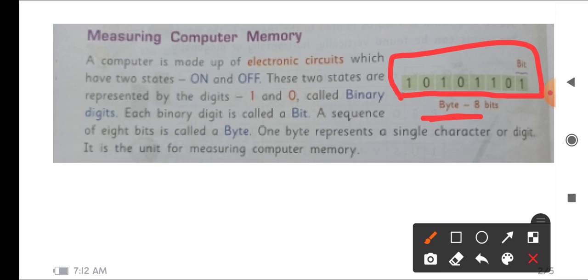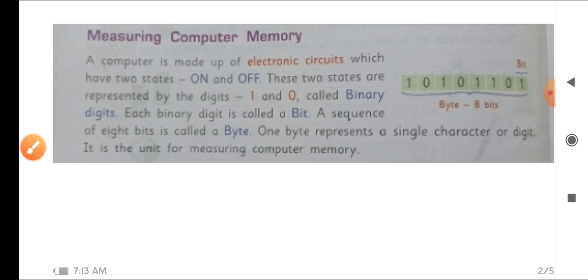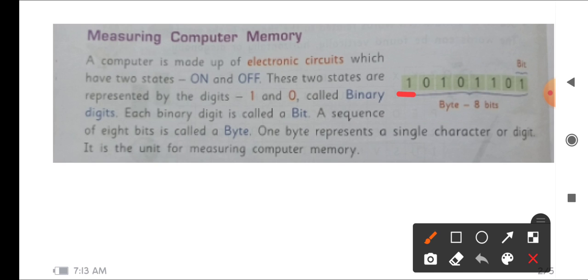Now, one byte represents a single character or digit. So when we have these 8 bits, this is called a single character, and it is the unit for measuring computer memory.